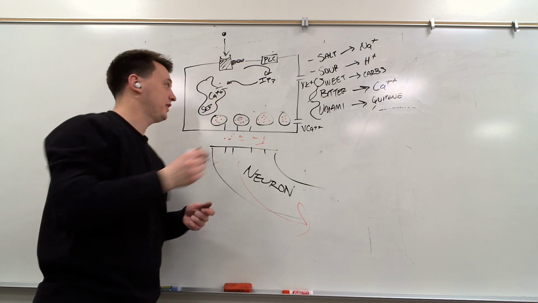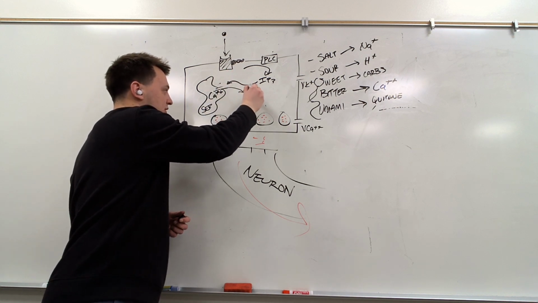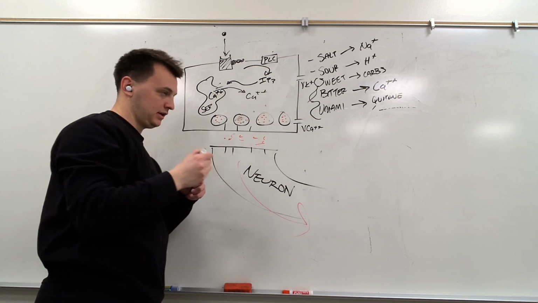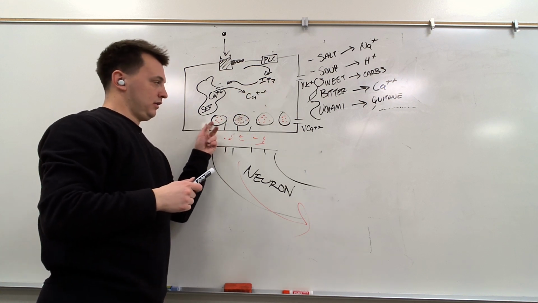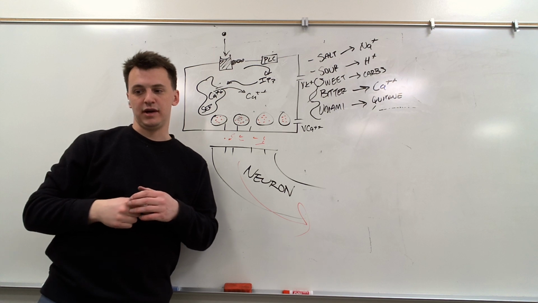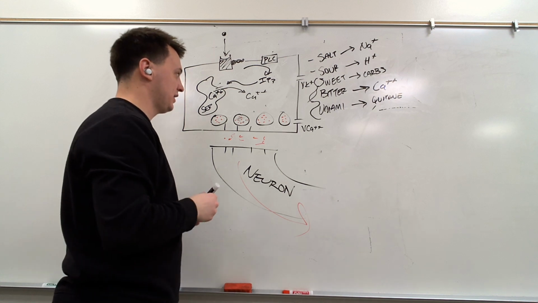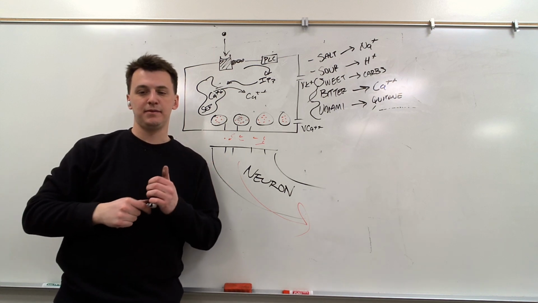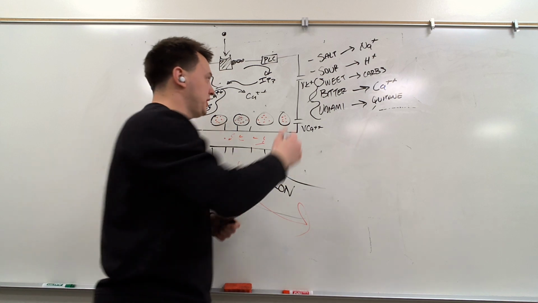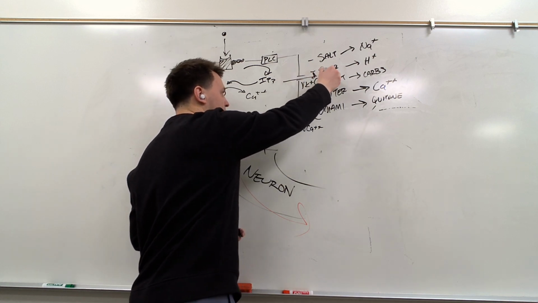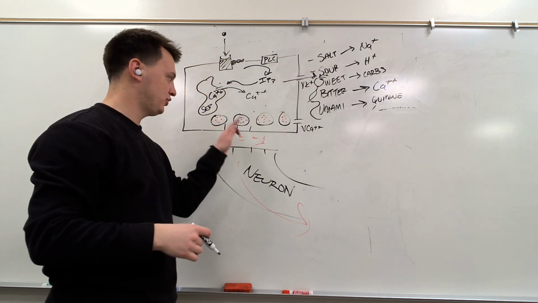The channel gets activated, and then calcium floods into the inside of the cell. And then what happens there is the voltage gated sodium channel shoots sodium out. This creates a different action potential.